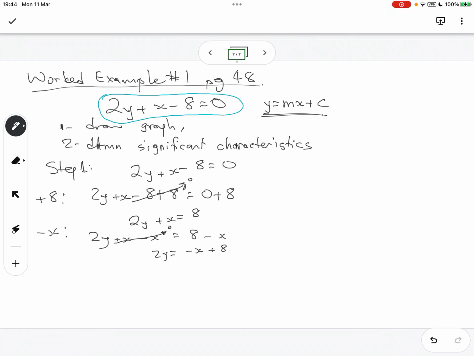No, sorry, that's not wrong. Okay, so we're going to then divide by 2. So when we divide by 2, we're using a multiplicative inverse, and we divide right through by that 2, and that leaves us only with y equals negative a half x plus 4.